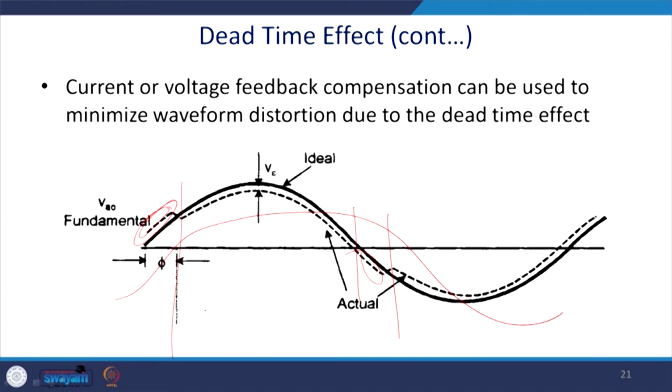Generally, in most cases we have an inductive load and thus current is lagging. Till the lagging portion you will get a little more voltage, but fortunately the advantage is that it occurs at the very beginning of the zero crossing. So, stress across the machine is not high, and due to this blanking, voltage will come down a little bit, and that is also good in some way because stress across the switches is reduced.